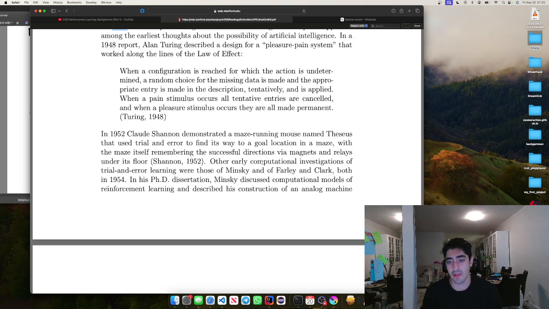Other early computational investigations of trial and error learning were those of Minsky and of Farley and Clark. Both in 1954, in his PhD dissertation, Minsky discussed computational models of reinforcement learning.